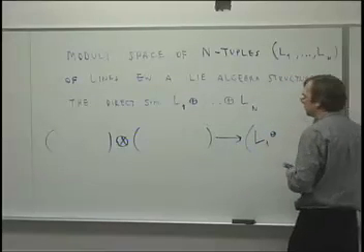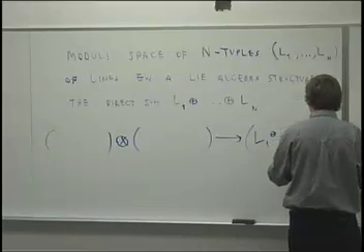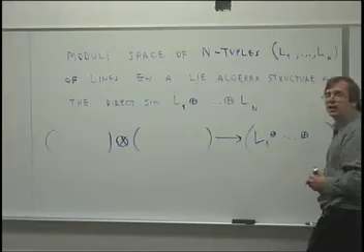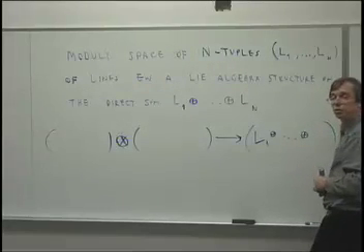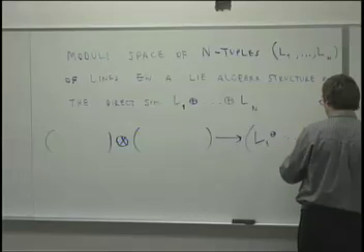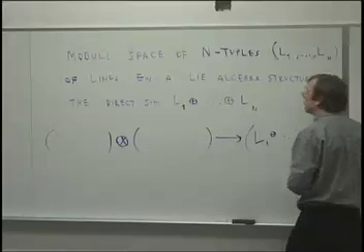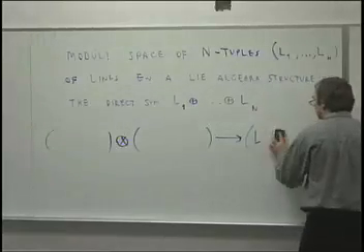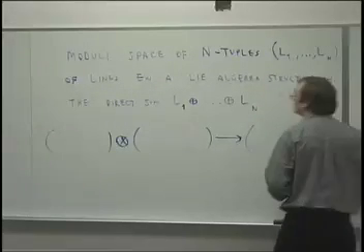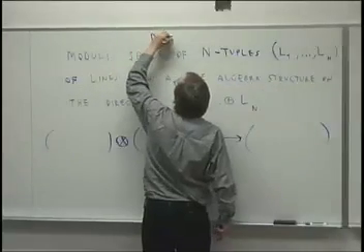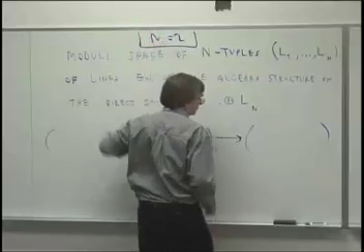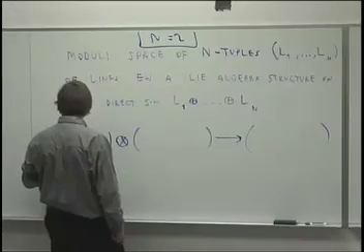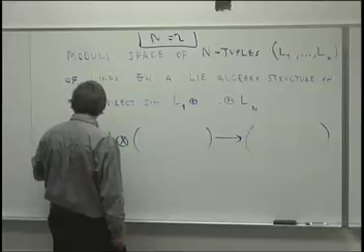Maybe we should already specialize to some nice low case of n, like n equals 2 or n equals 3 or something like that. In fact, let's try that right now. Let's try the case of n equals 2. So we have L1 plus L2.